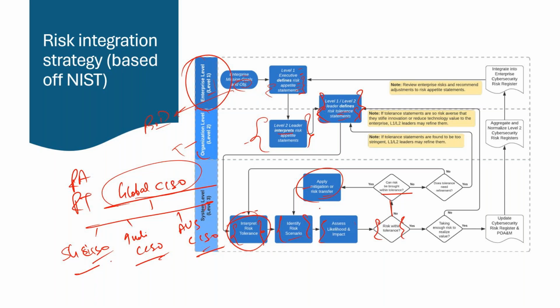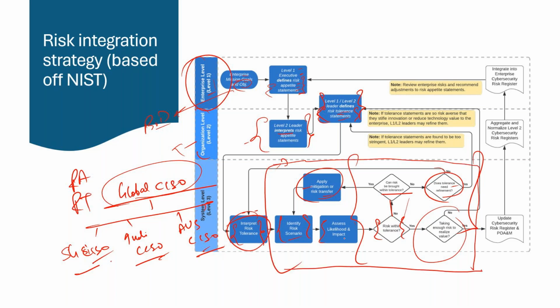And if it is not, then do we need to redefine the tolerance statement altogether, or do we need to define the tolerance controls, the controls to meet the tolerance requirement, right? And the entire process of your risk management process would be applicable from here to here.